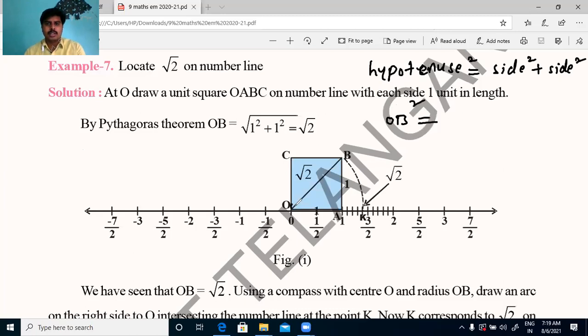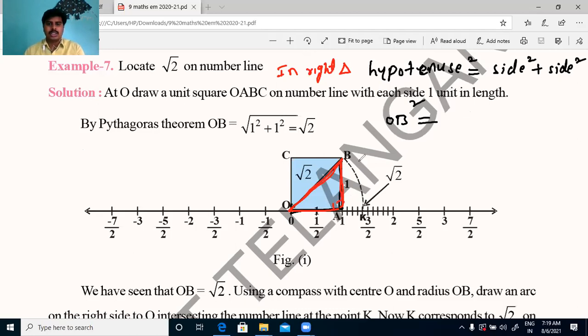Look here. This is the hypotenuse for this triangle OAB. And if you observe, OABC is a square. In that, OAB is a right angle triangle, where the right angle is at A. Now this OB becomes the hypotenuse. So in a right angle triangle, hypotenuse square is equal to side square plus side square, where OB is the hypotenuse.